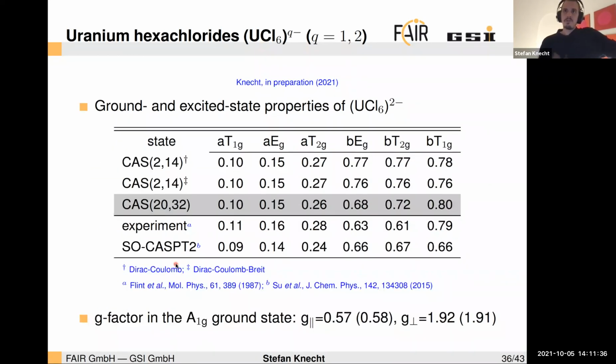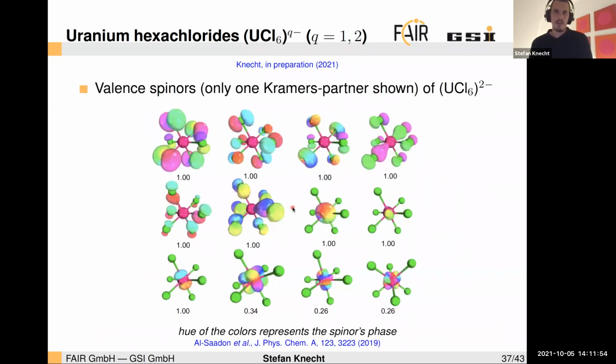And the same also holds for the dianion. Here, again, our CAS with 20 electrons and 32 spinors works pretty well for the ground state and also for the low-lying excited states, in particular compared to experiment. So that's very nice. And why is that so?